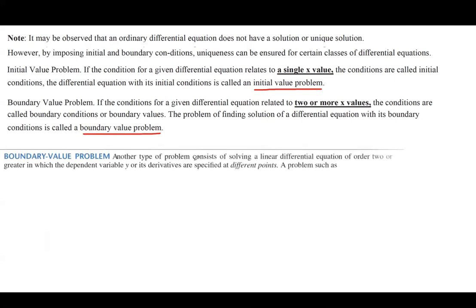Another type of problem consists of solving a linear differential equation of order 2 or more, in which the dependent variable y or its derivatives are specified at different points. A problem like this: a sub 2 of x times the second derivative of y plus a sub 1 of x times y prime plus a sub 0 of x times y equals g of x, with y at a equal to y sub 0 and y at b equal to y sub 1.